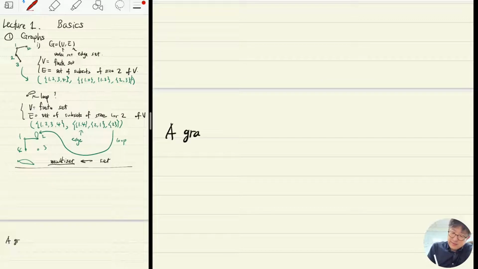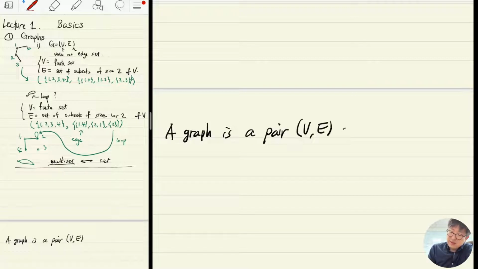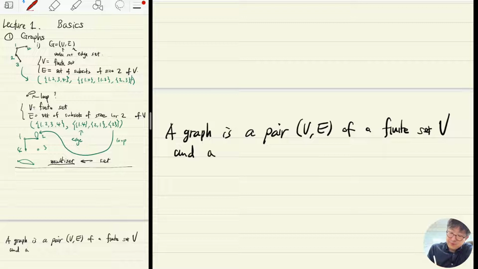A graph is a pair (V, E) of a finite set V and a finite set E.